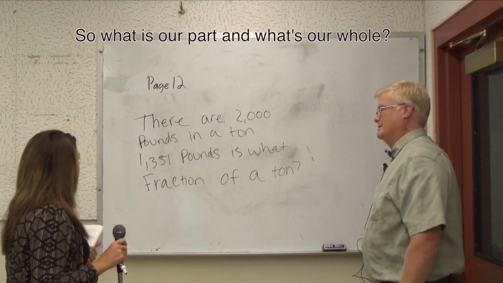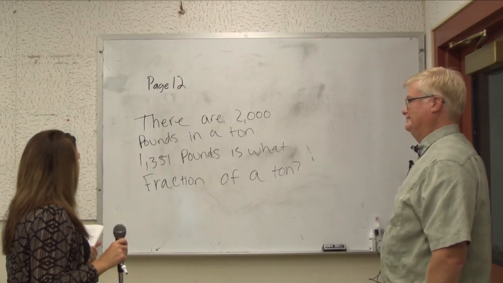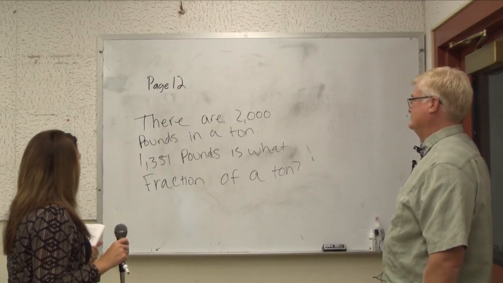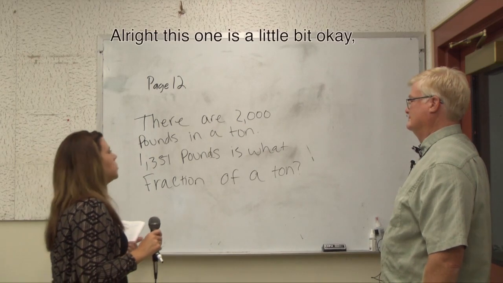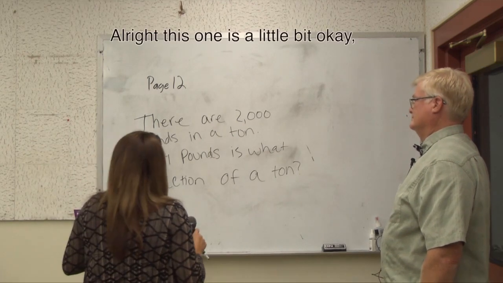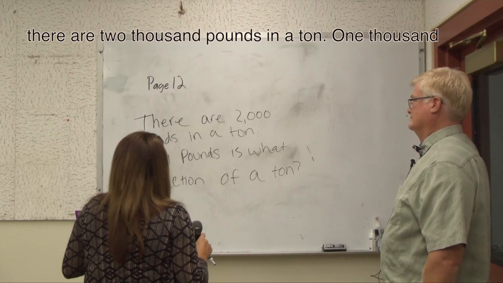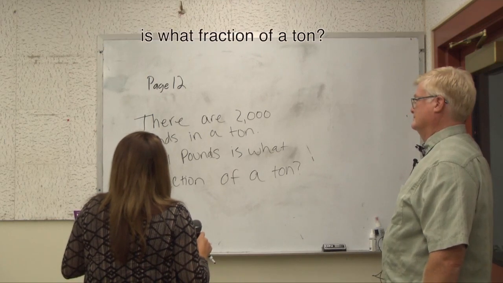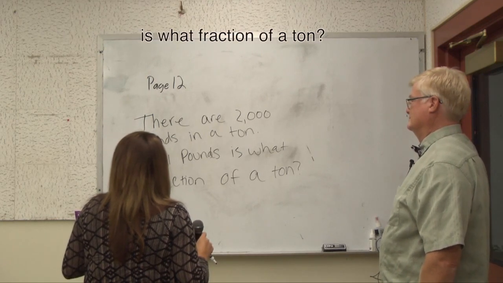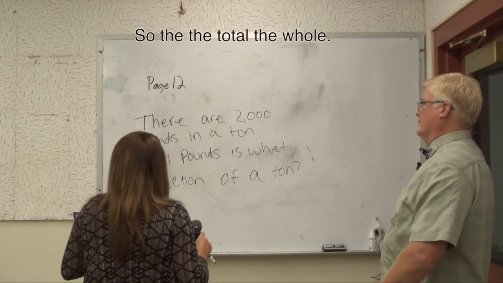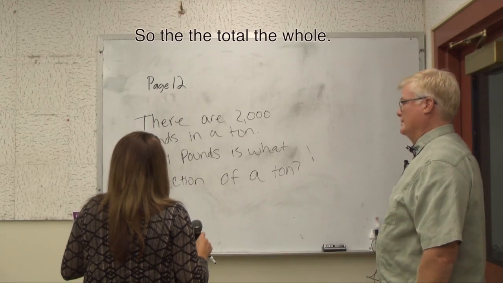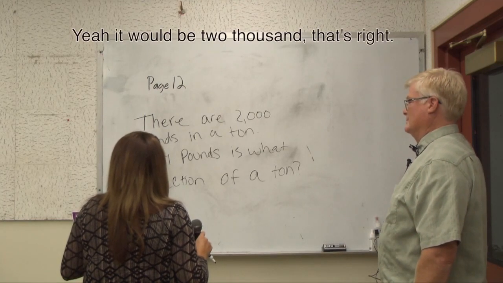So what is our part and what's our whole? Alright, this one's a little bit... Okay. There are 2,000 pounds in a ton. 1,351 pounds is what fraction of a ton? So the total, the whole, yeah, it would be 2,000. That's right.